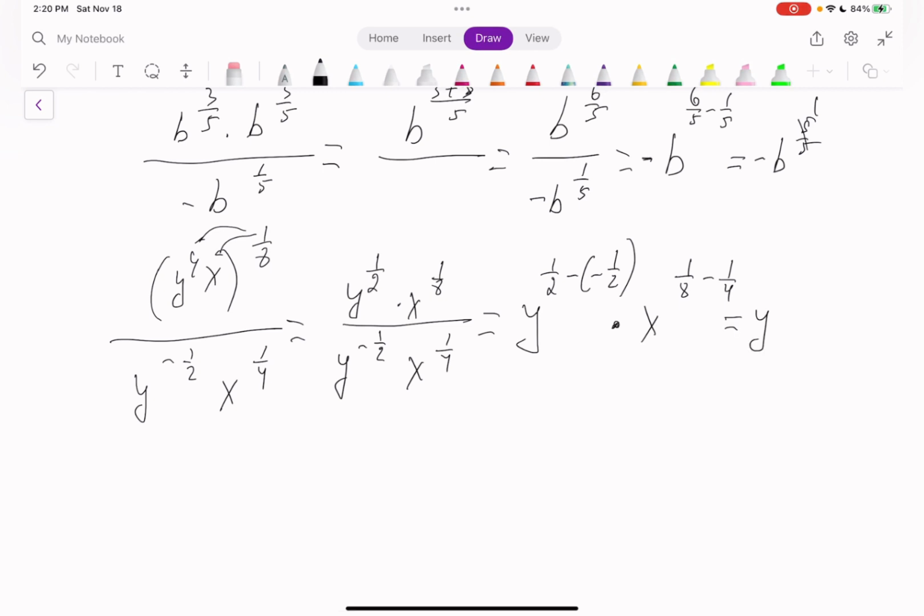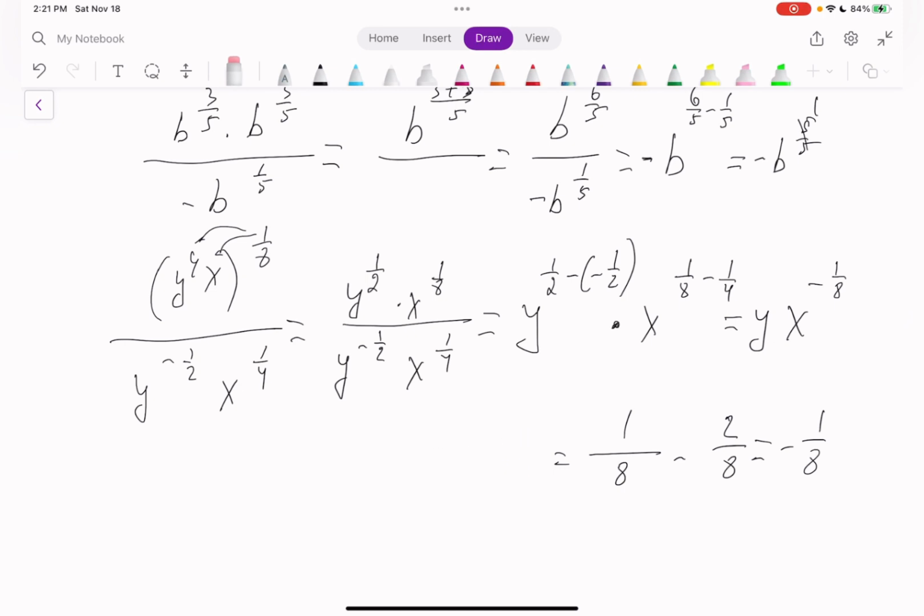And x 1 over 8 minus 1/4. Common denominator is 8. Here is 2, here is 2. I'm getting 1 over 8 minus 2 over 8, and the answer is negative 1 over 8. So we are getting here x to power negative 1 over 8.